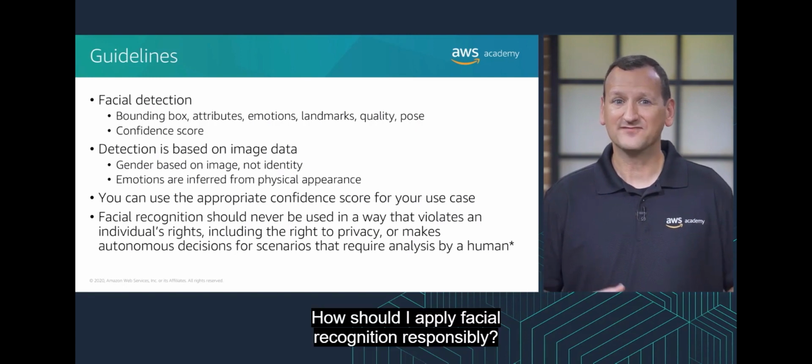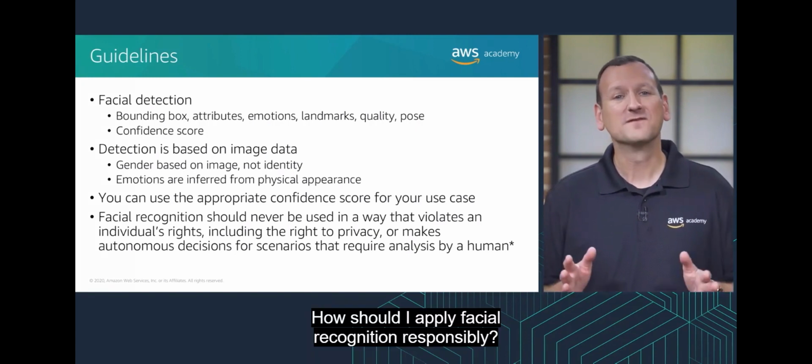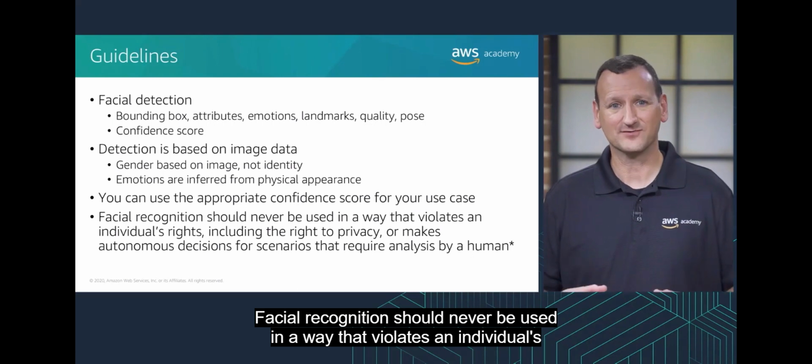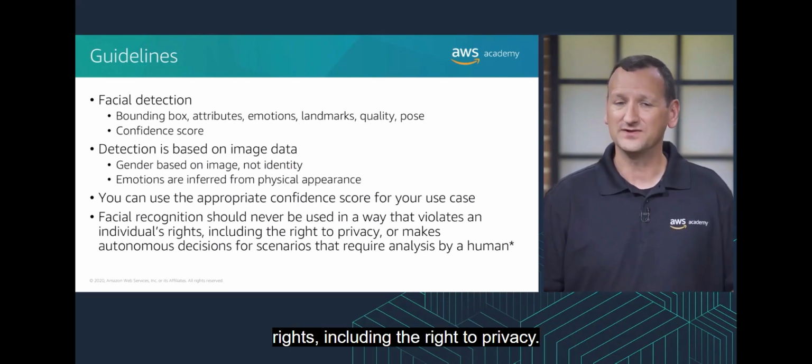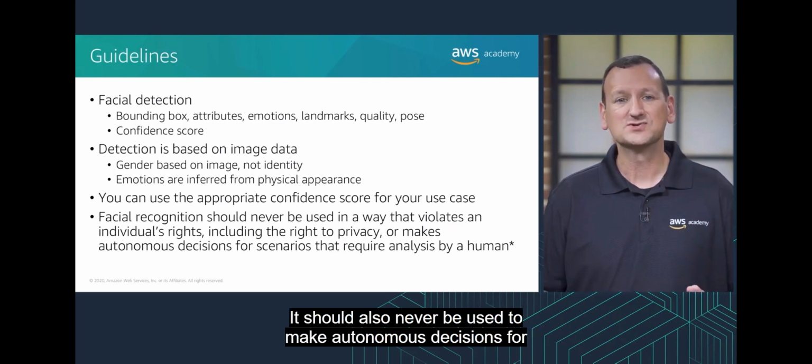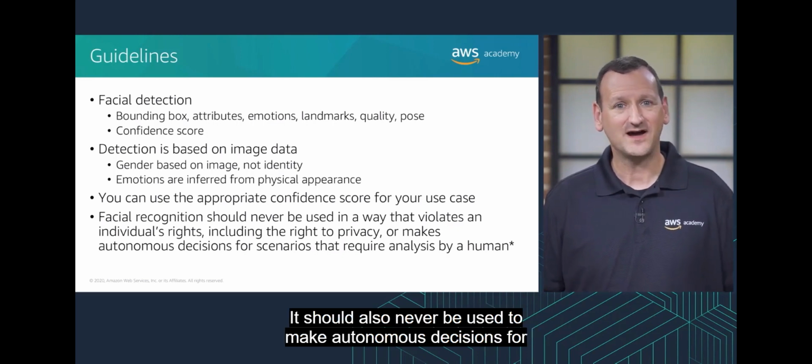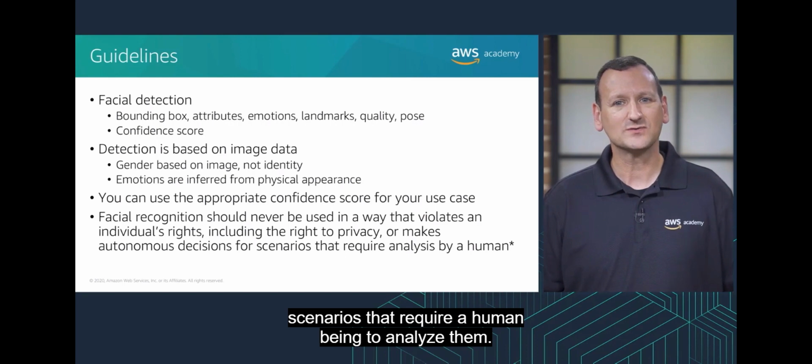How should I apply facial recognition responsibly? Facial recognition should never be used in a way that violates an individual's rights, including the right to privacy. It should also never be used to make autonomous decisions for scenarios that require a human being to analyze them.